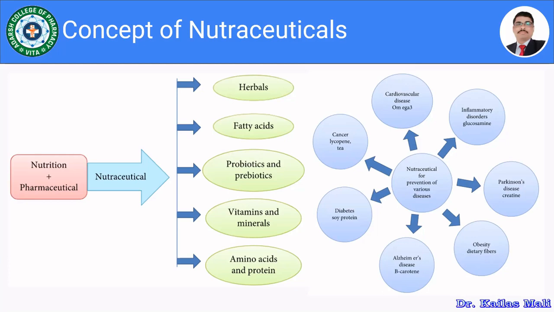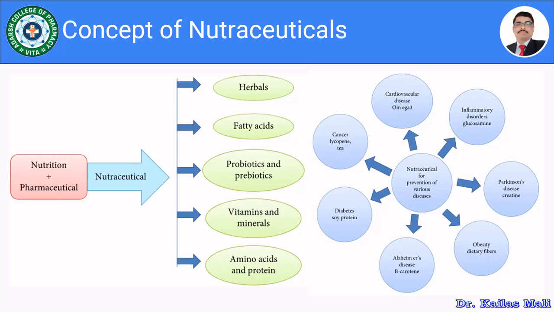We have dietary fibers to prevent obesity, right? That is weight gain in a human being, which further leads to cardiovascular diseases as well as diabetes mellitus. Then Alzheimer disease.